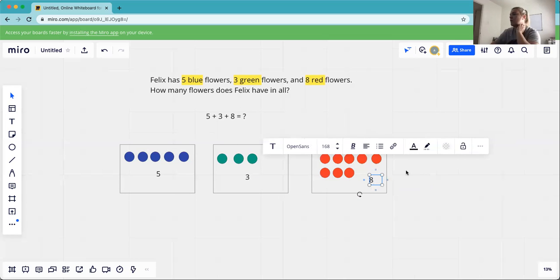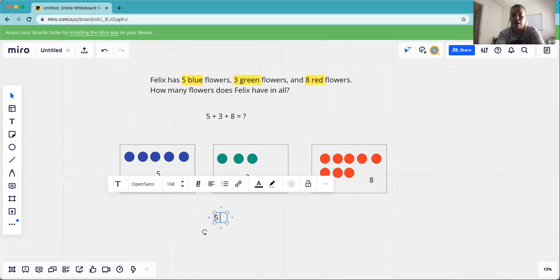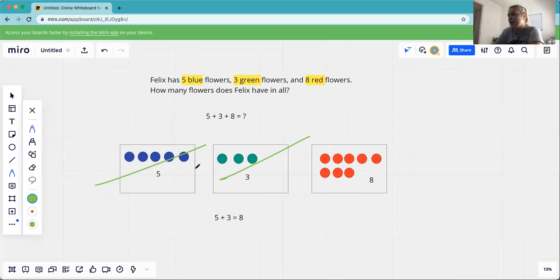Alrighty. So I'm going to add 5 and 3 together first. 5 plus 3 equals, let's figure out what our answer is. 5, 6, 7, 8. All right, so my 5 plus 3 is 8. Now I know that I did the 5 and the 3, and those together equaled 8.